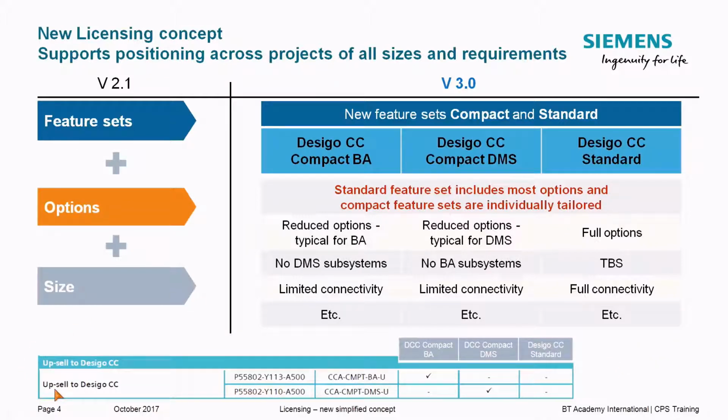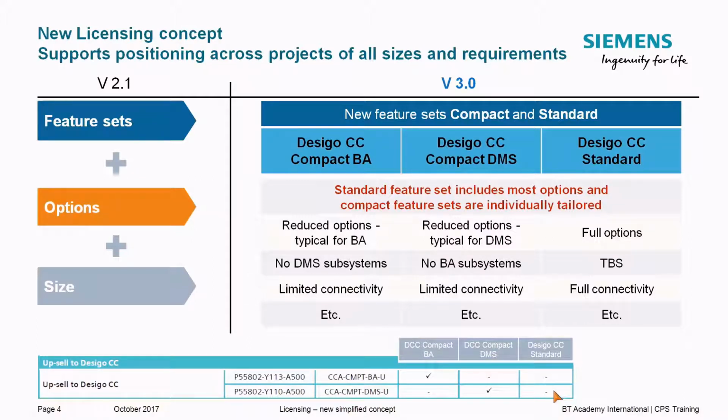It's called the upsell to Desigo CC, and there we have the two licensing features. For the building automation compact, it's that one, and with that I upgrade to the standard. Or for the DMS, with this licensing feature, I upgrade to the standard.